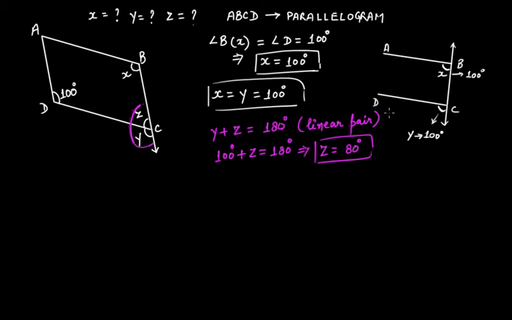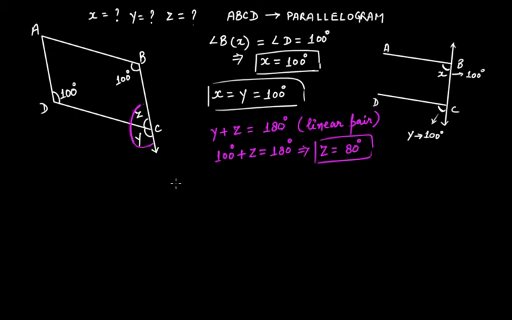So if you don't want to use this method, that is the property of the two parallel lines with its transversal, that is the property of corresponding angles, what you can see here is that this is 100 degrees. Now we have found that x is also 100 degrees. So the sum of the internal angles of a parallelogram is equal to what? 360 degrees.